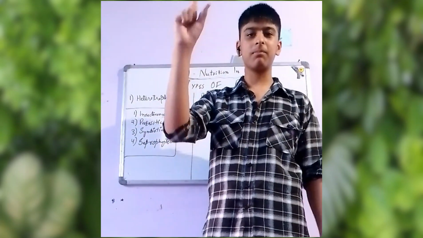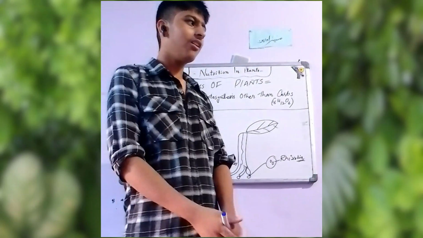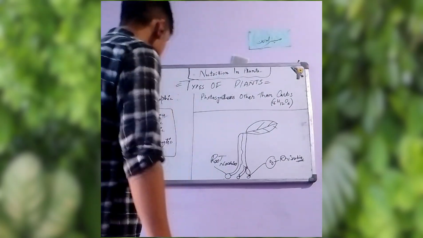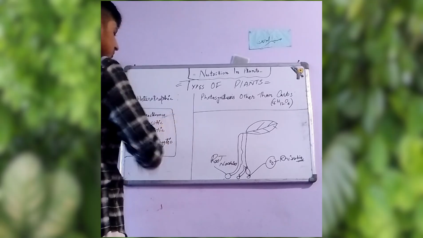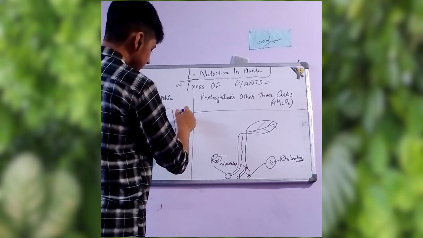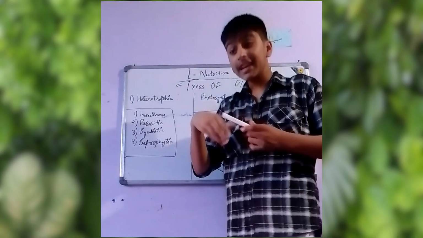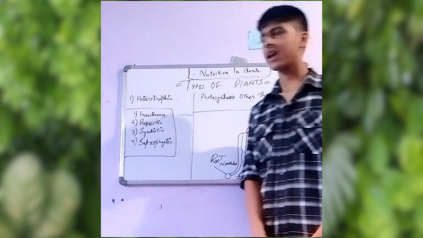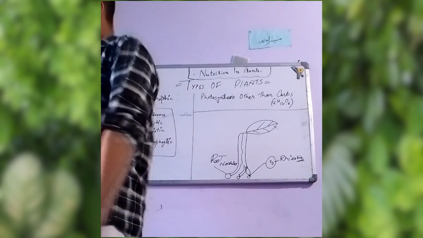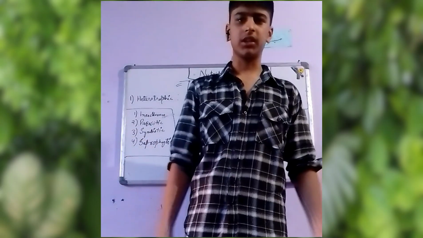They are dependent on insects. I'll give examples of insectivorous plants like sundew plant, pitcher plant. So insectivorous plants are those plants which are dependent on insects for their food.